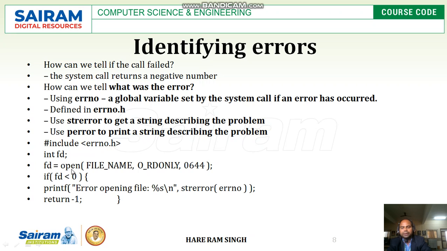For example, let us see: #include <errno.h>, int fd. Now we are opening a file name. Here the name of the file will be there, and it is for read only purpose. And we are opening with 644, meaning read and write for the owner user, read for group, and read for others.